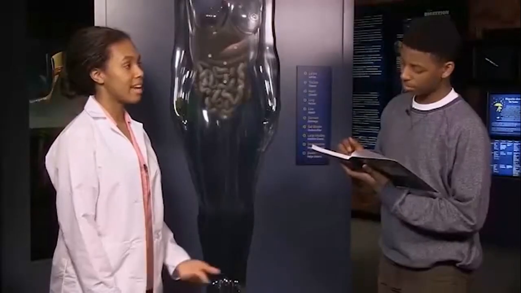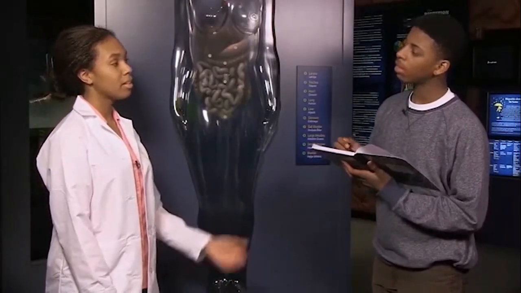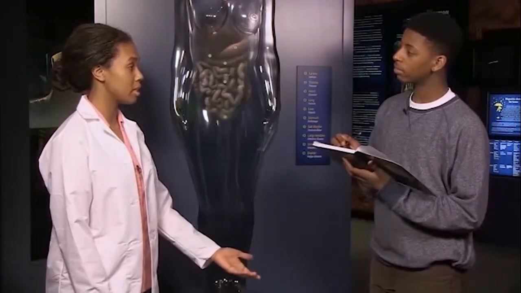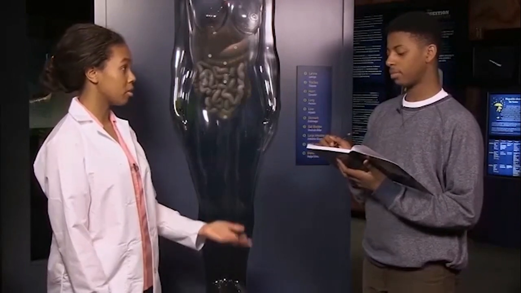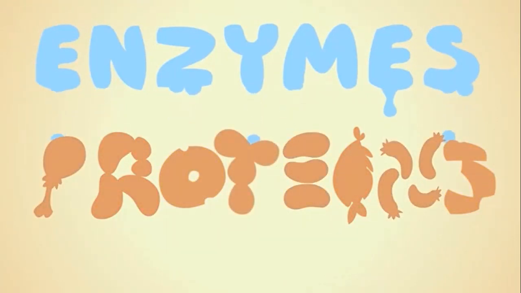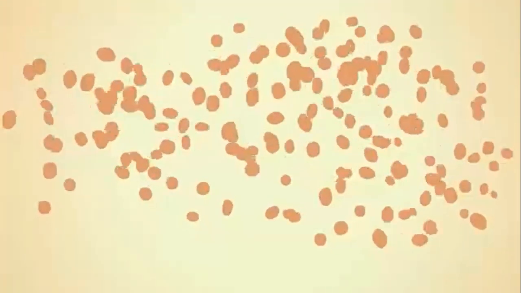The stomach also adds gastric juices, which have other enzymes. These enzymes break down proteins, which you find in meat, cheese, fish, eggs, and beans, into smaller molecules called amino acids. Uh-huh. You got all that? Yep, got it. Gastric juices have enzymes that turn proteins into amino acids.